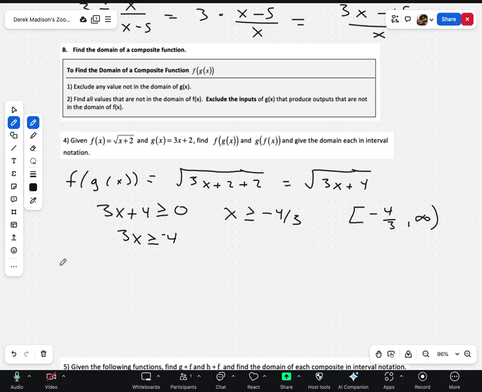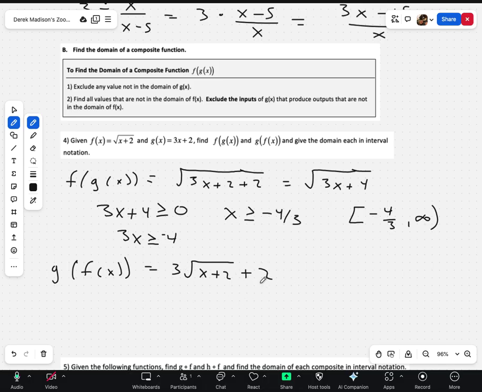For g of f of x, this is going in for this x. So g of f of x would look like 3 times root x plus 2, and a plus 2 on the outside.